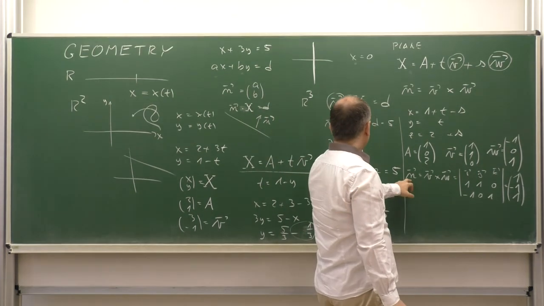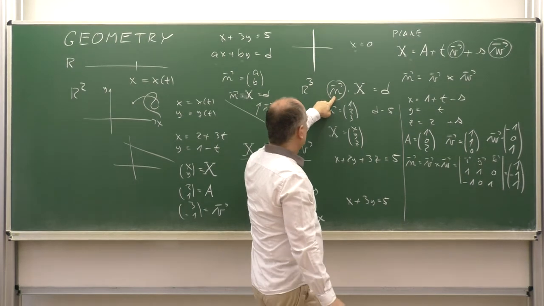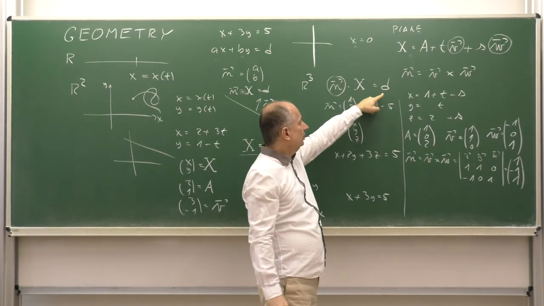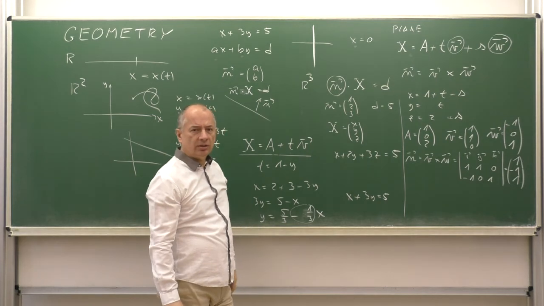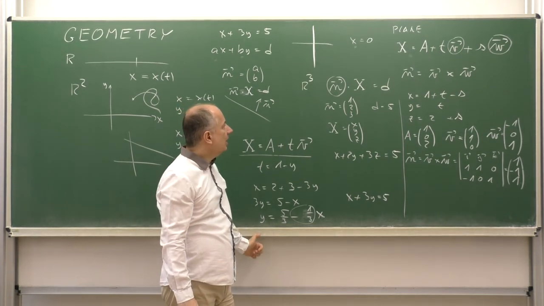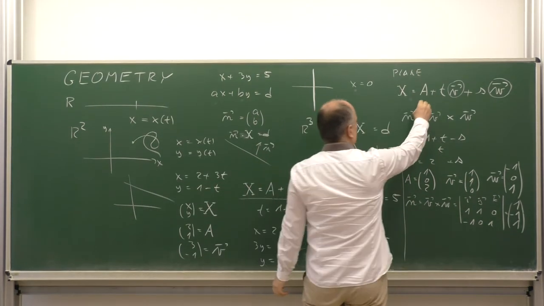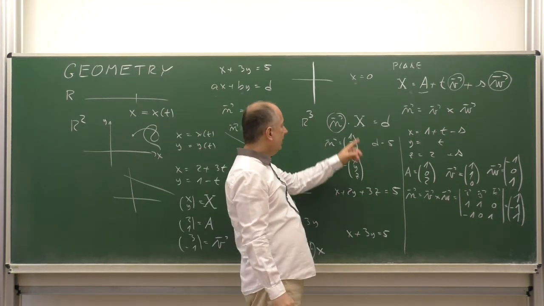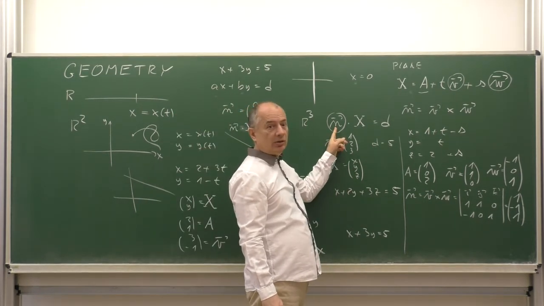When we have the normal vector, we can write the general equation here. But we don't know the coefficient d. But if we know that some point A is in the plane, then it must satisfy this equation as well.